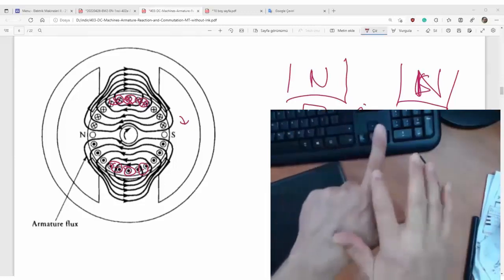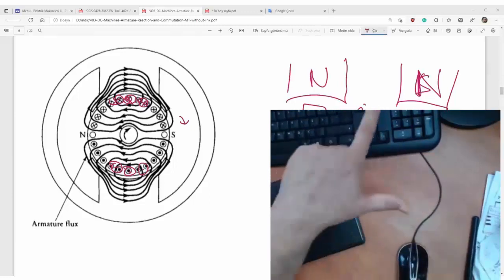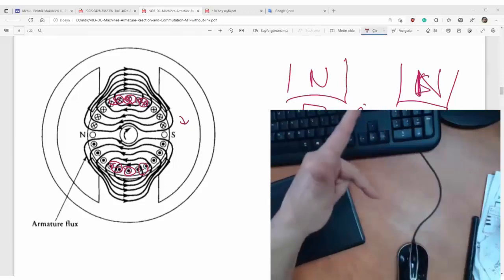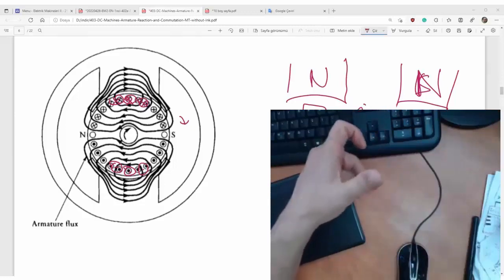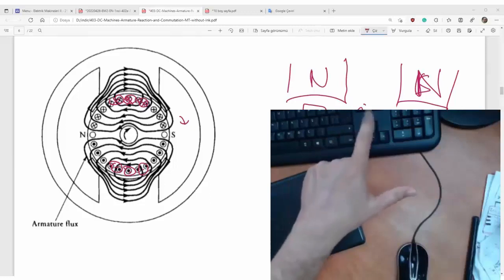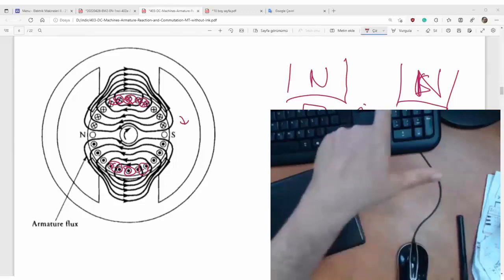That is the resultant current direction. I mean E equals BLV with your left hand 3-finger rule. Magnetic field N to S. That is the moving direction of the conductor. That is the resultant current. So it is into the board.